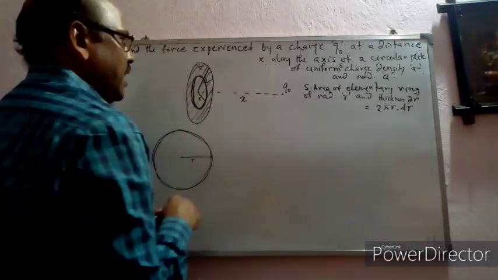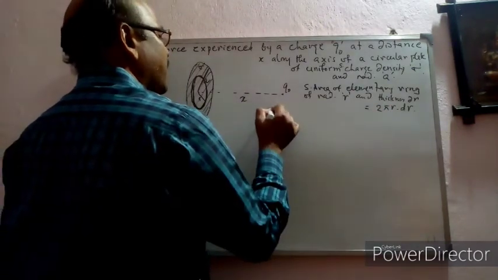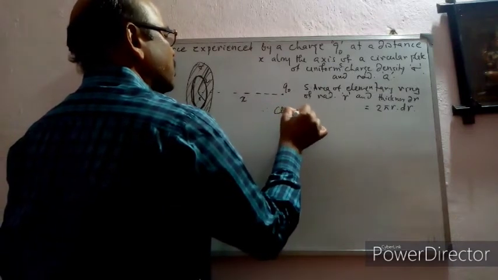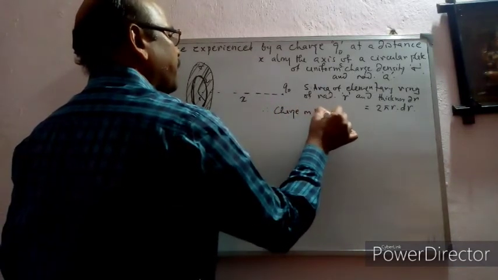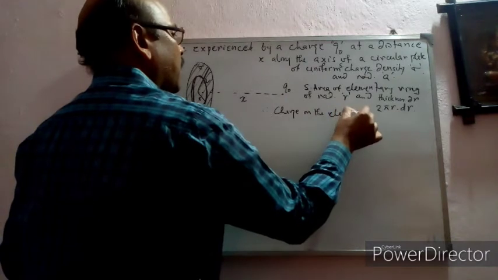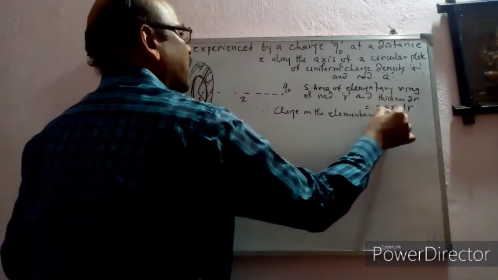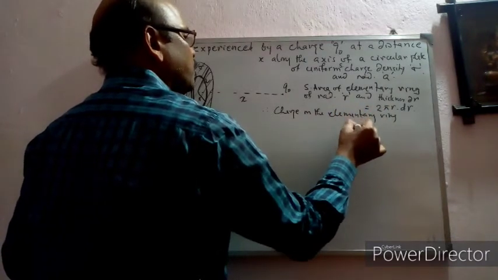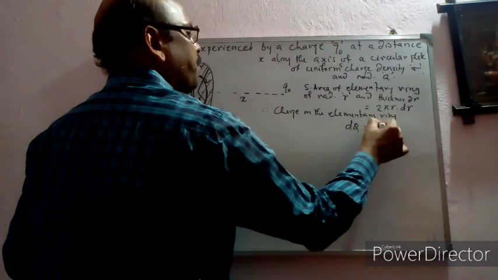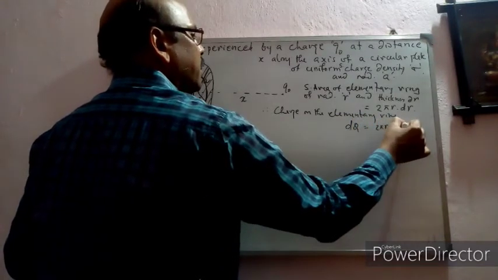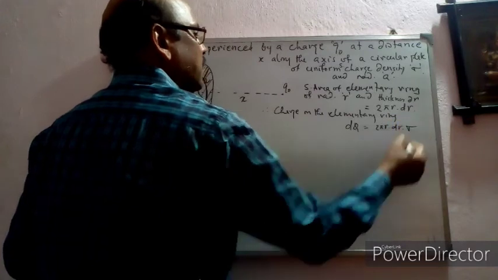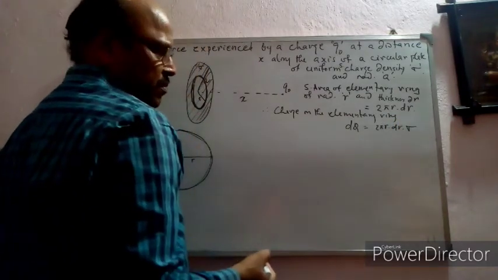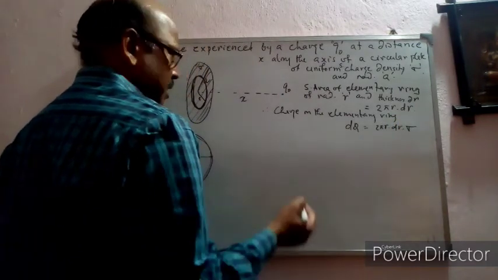So this is the area. So the charge on the elementary ring, dq is equal to 2 pi r dr into sigma. This is the charge on the elementary ring.